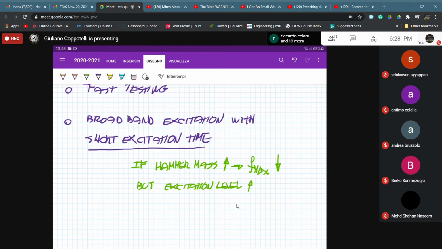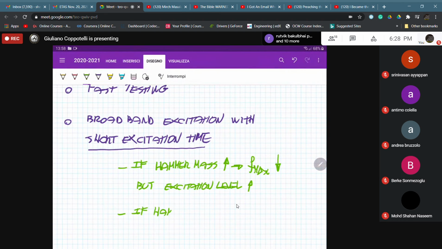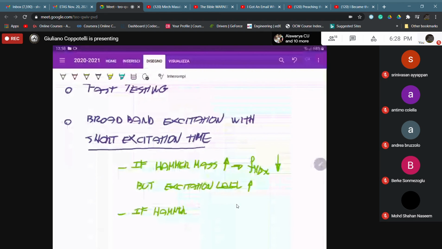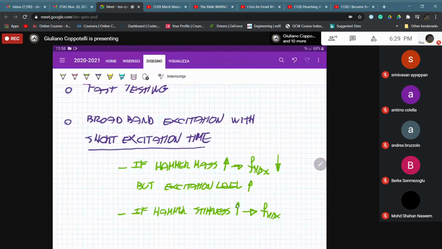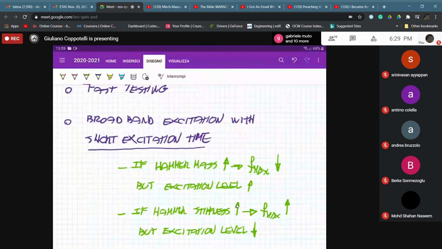On the contrary, if the hammer stiffness is high, then your maximum frequency for a prescribed attenuation level is increasing, but the excitation level is decreasing, because once again the energy that your force could transfer to the system is practically the same.